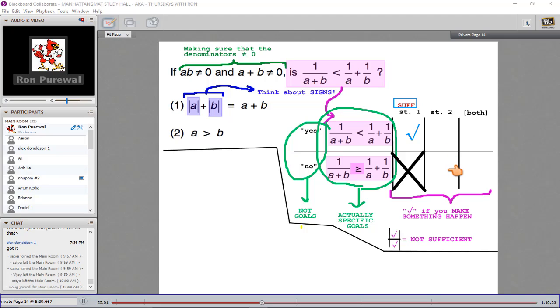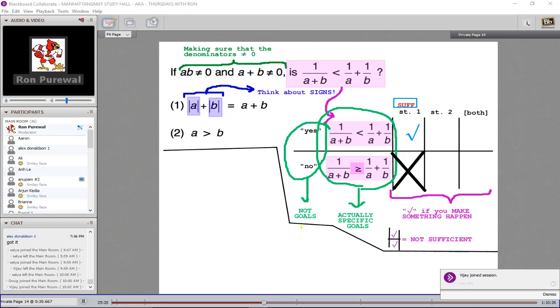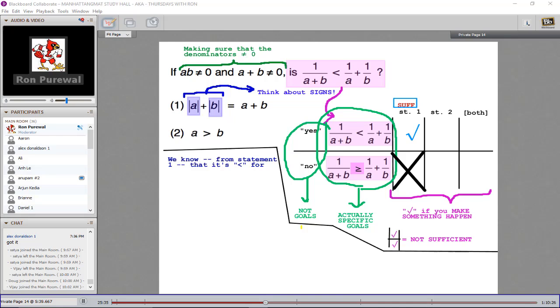So when we investigate statement two, we know for sure that we need to try negatives, because that is going to be the only way we could possibly check this box. Give me a smiley face if that makes sense. Like we discovered from statement one, it's going to be less than for all positive numbers, if A and B are both positive.